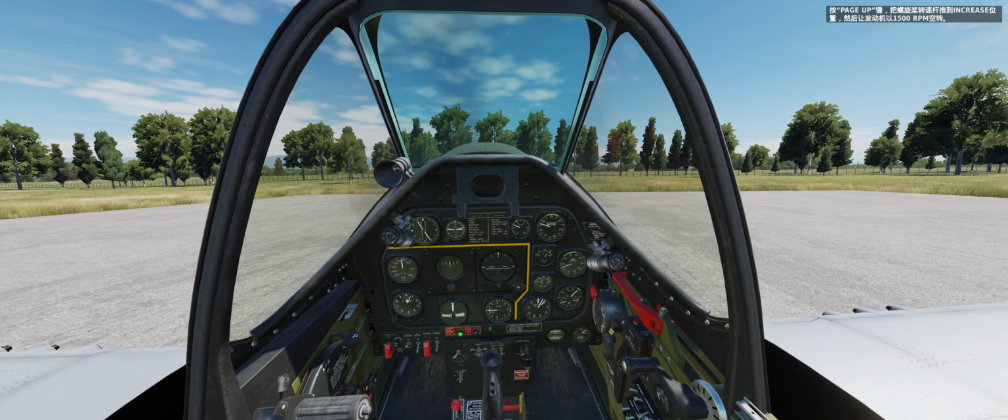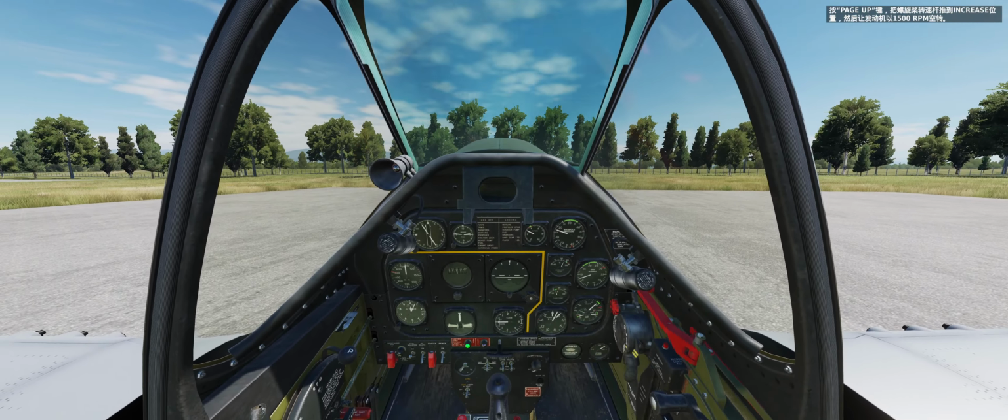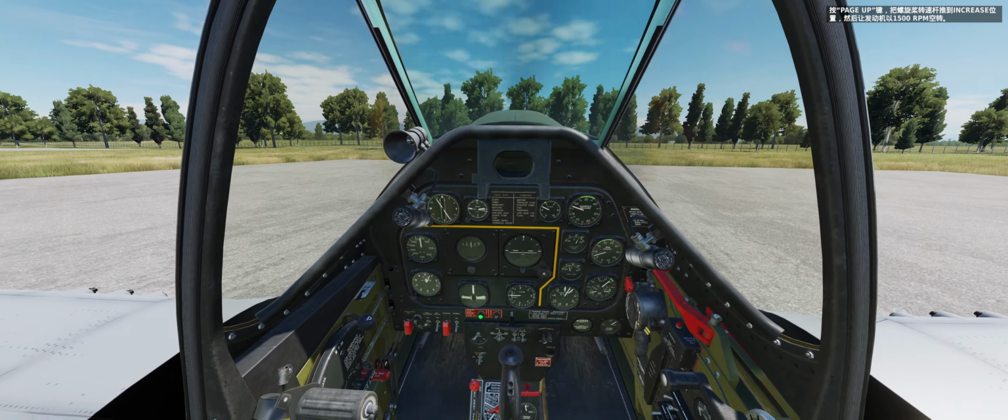Set propeller RPM to full increase with the page up key and idle the engine at 1,500 RPM.